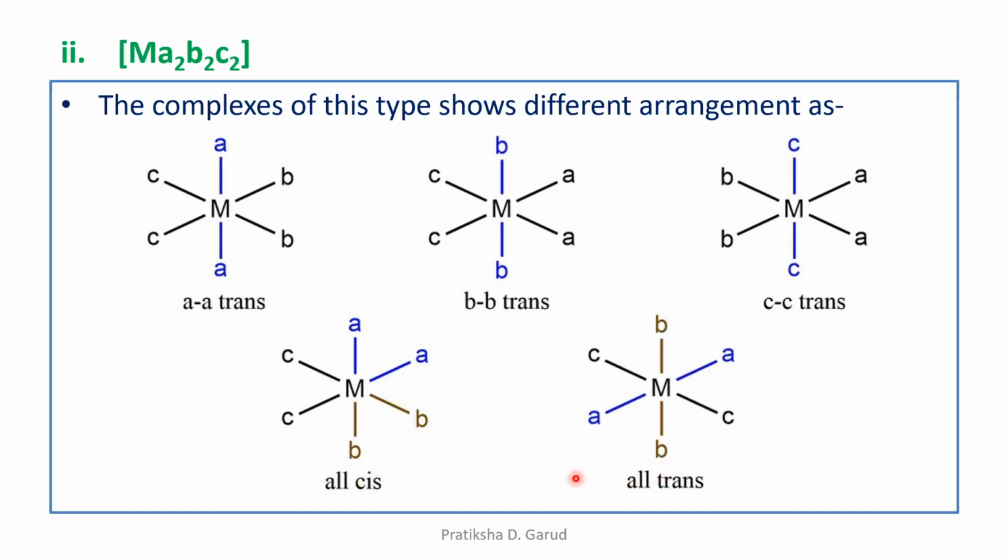They are opposite to each other. So A opposite to each other, B opposite to each other and C opposite to each other. So in this way we have the 5 arrangements possible for this type. The first one is AA trans, the second is BB trans, third is CC trans, the fourth is all cis and the fifth is all trans.